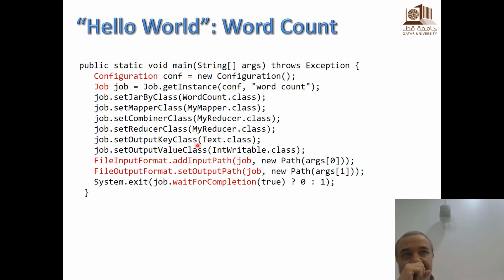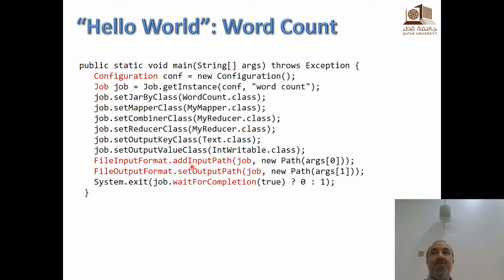And this is sometimes a source of errors. Sometimes you copy this code from one job to another, and you forget to change these types to align with the types in the classes. So be careful. Of course, you have to specify what is the input path and what is the output path, and those, by the way, have to be HDFS paths.